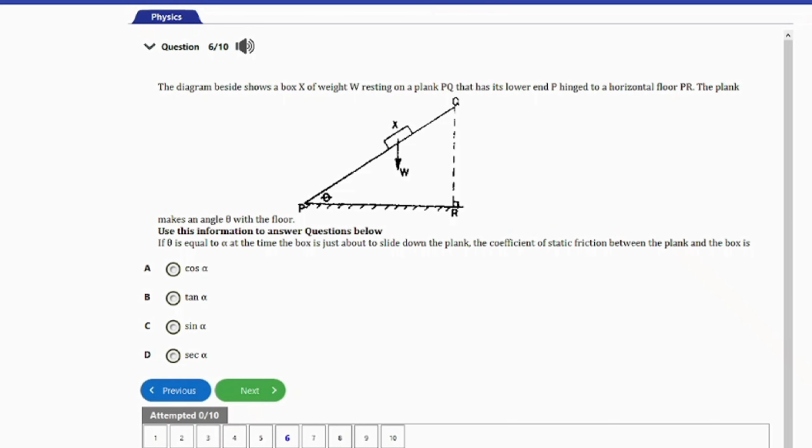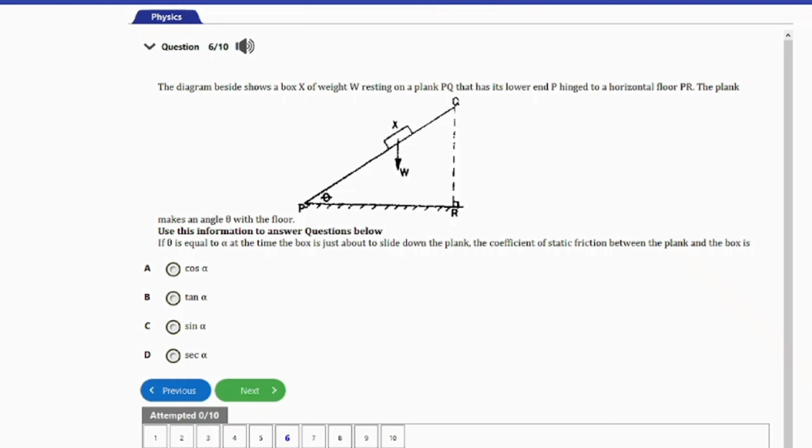Question number 6 says, the diagram beside shows a box X of weight W resting on a plank PQ that has its lower end P hinged to a horizontal floor PR. The plank makes an angle theta with the floor. Use this information to answer the questions below.